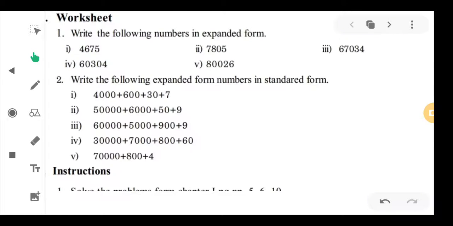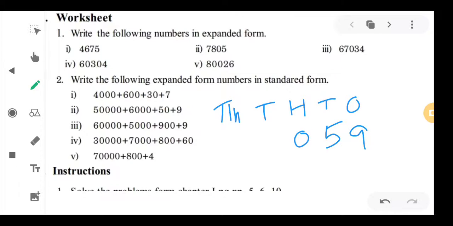So we have to write first of all 5 digits, ones, tens, hundreds, thousands, 10,000s. Okay. So 5 digits. In ones place there is 9, in tens place 5, hundreds place there is no number, so you have to write 0. After that in thousands place 6, after that 10,000s place 5. So this is 56,059.